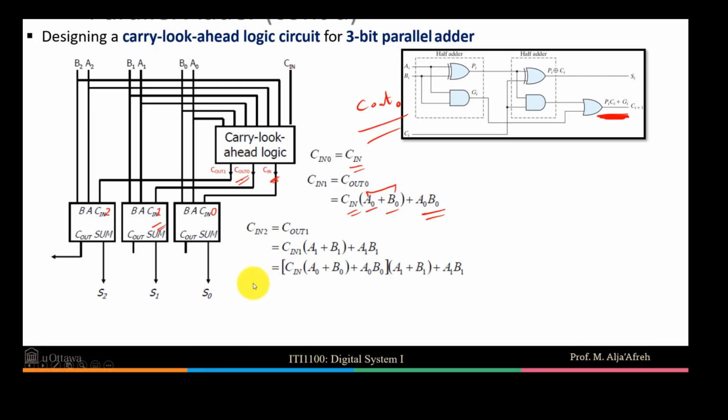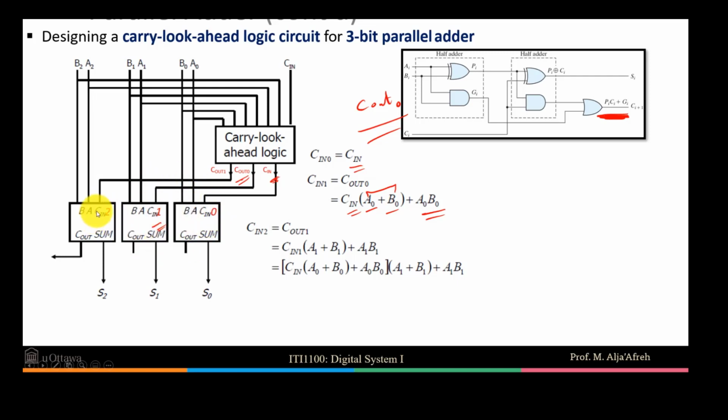As a matter of fact, in order to calculate the sum 2, we will not wait for Cn2 to be computed. Cn2, Cn1, and Cn0 will be propagated through the logic gates directly and at the same time as the other carries.